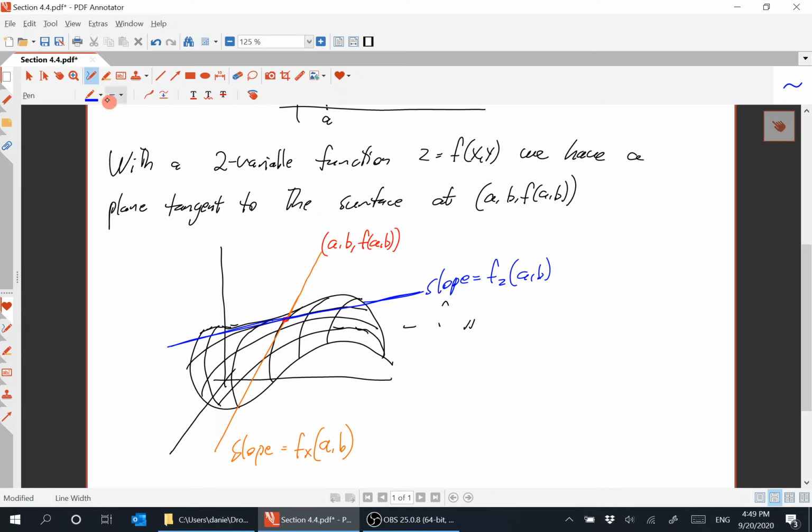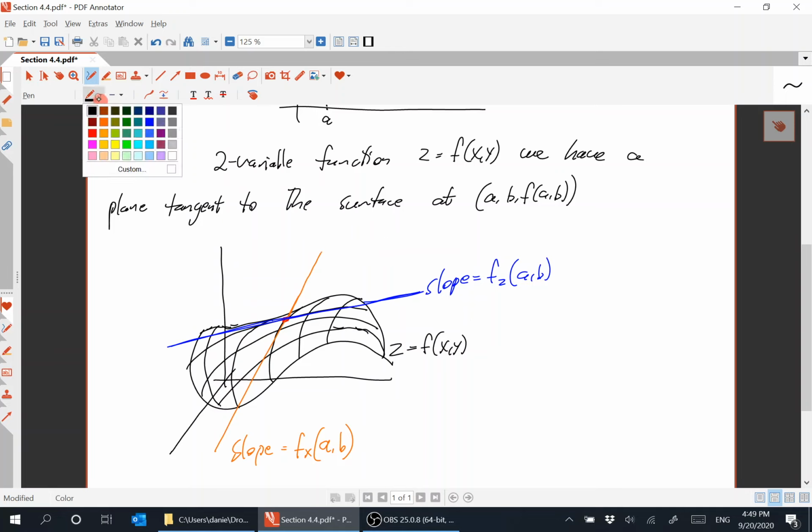So again, this is the surface, z equal f of x, y. This is the point here, a, b, f of a, b.